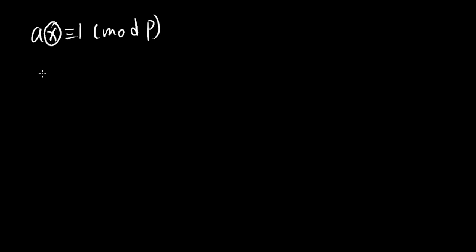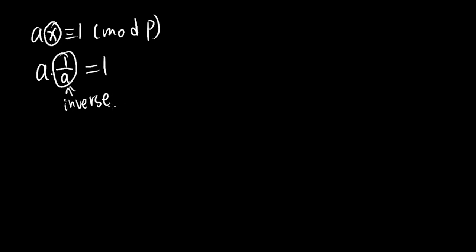And this is very similar to the rational numbers, where for a given a, we can always find a to the power of minus 1 as the inverse, such that a times its inverse is equal to 1.